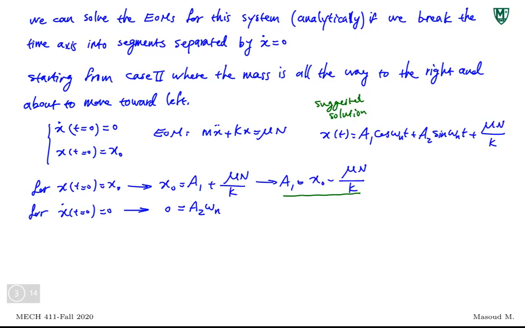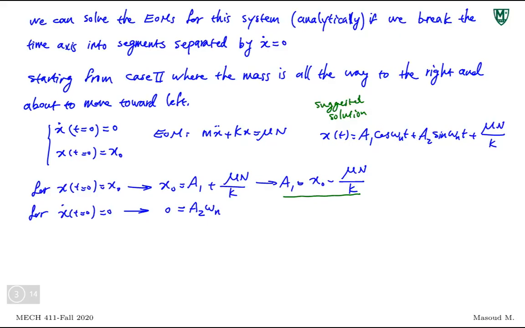The third term, mu n over k, is just a constant. I'm taking the derivative with respect to time, so it becomes 0. So all I get is a2 omega n is equal to 0. Now omega n cannot be 0. This system has some natural frequency, right? If omega n is equal to 0, it's a trivial solution, because what does that even mean? There is no system. Why are we even doing this, right? So a2 becomes 0.